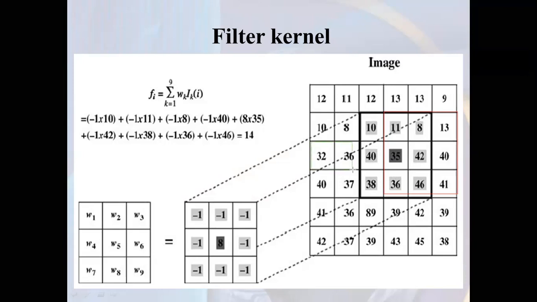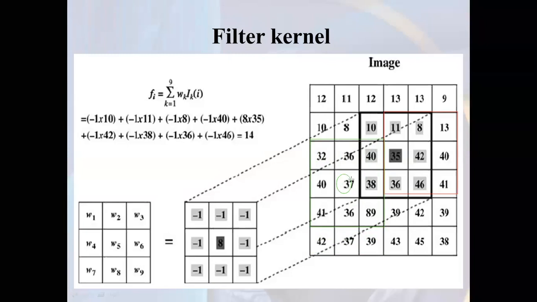Now start here. This window is of size 3 by 3, so this is the window, 3 pixels, and the centered value here is 37.